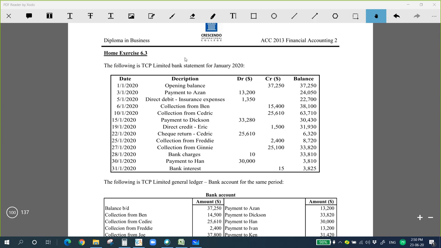Alright. The following is TCP limited bank statement for Jan 2020. You can see this is from 1st January up to 31st January 2020. So we have a balance of 3,825.